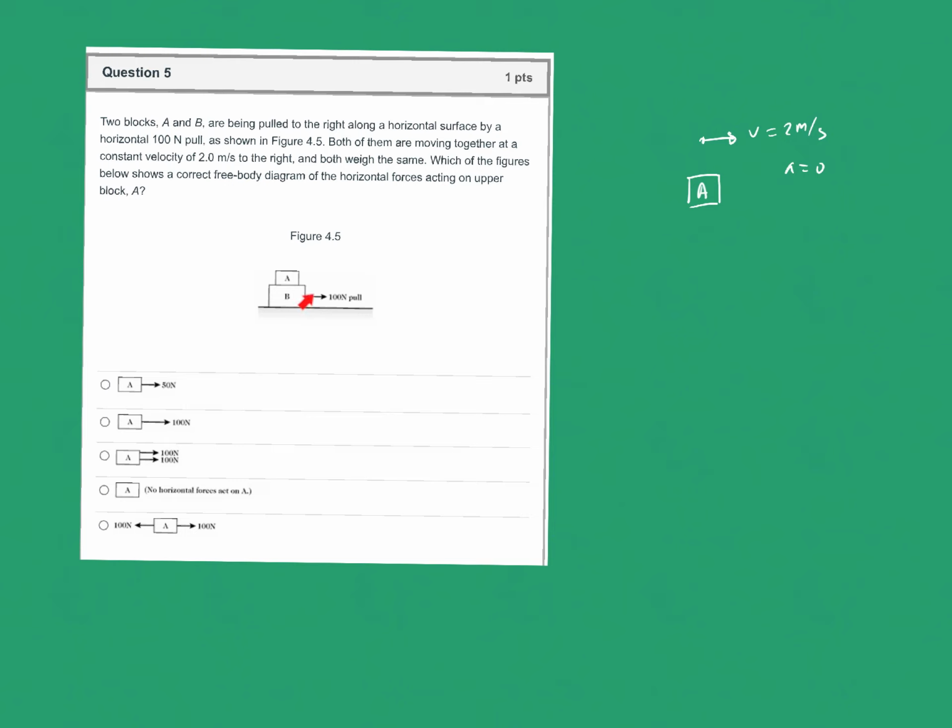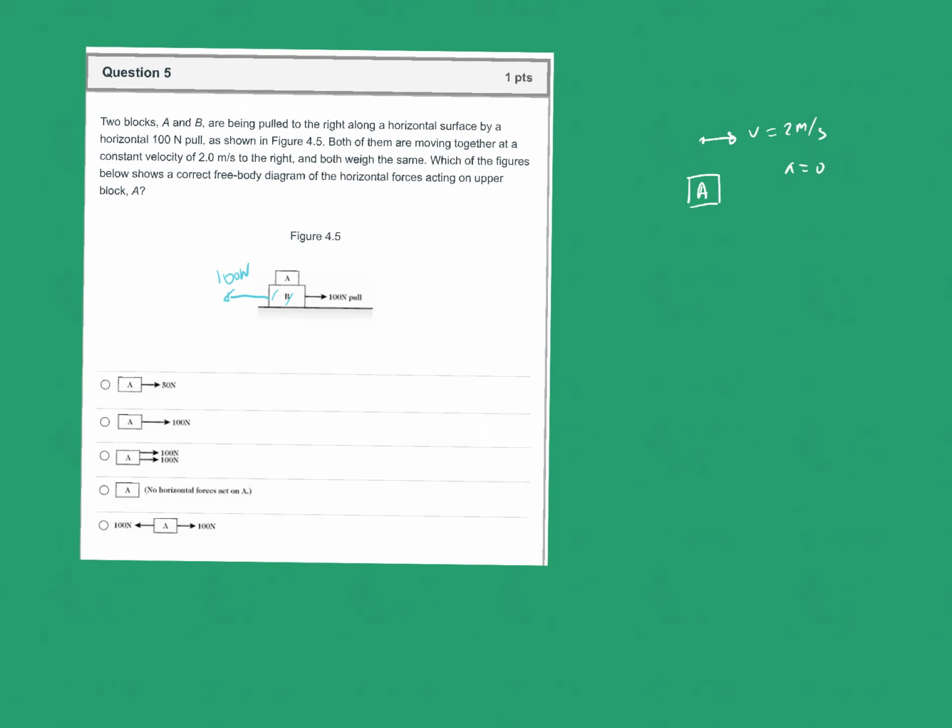Both of them are moving together at a constant velocity of 2 meters per second to the right. So it means that if it's moving at 2 meters per second, constant velocity, there should be a force on B of 100 newtons going to the right.